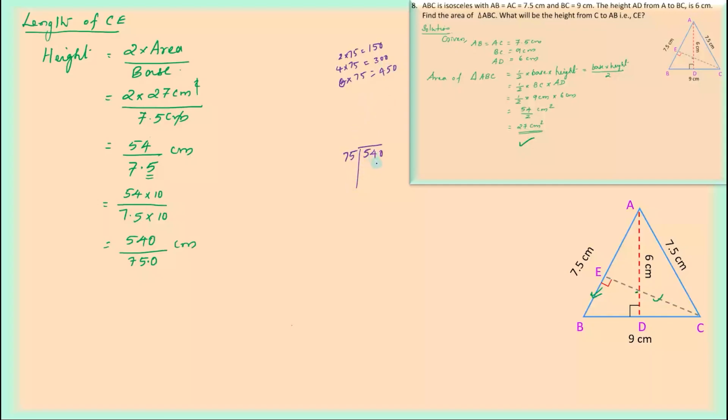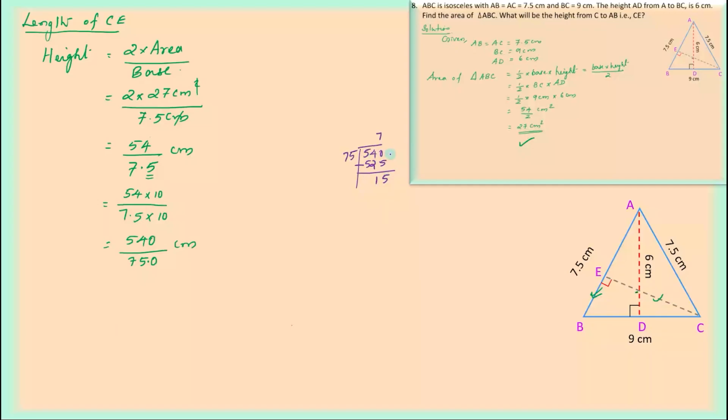But here we are having 540, so we can get one more 75. Let us try with 7 75s, that is equal to 525. So we get 7. Write 7 here. It is 525. When we subtract, we get 15 as the remainder.